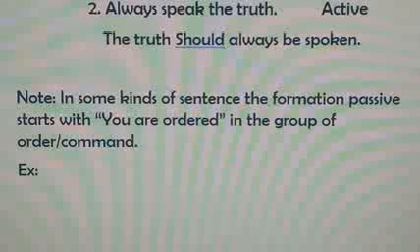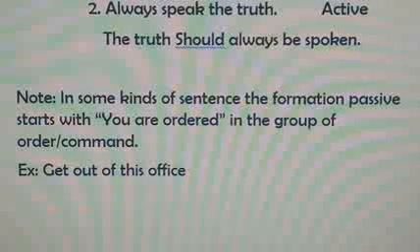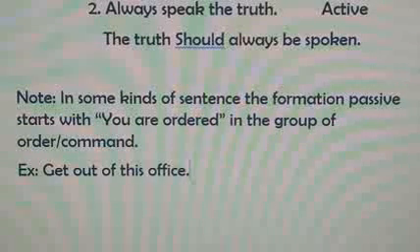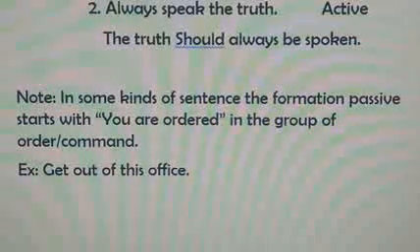Get out of this office. My dear children, over here it is written, get out of this office. This sentence is in active.